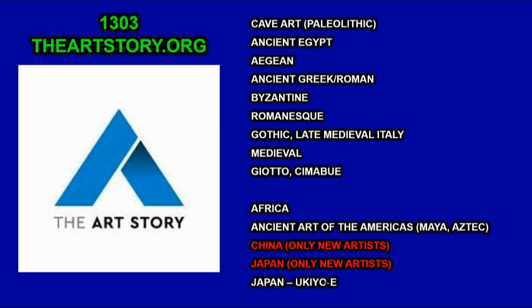The Art Story, like I said, it's wonderful for the second semester. For the first semester, it's a bit tricky. The ones that are in white are the ones that it has articles or information on, but it doesn't have everything from this class. So it doesn't have anything on ancient China or even historical China.